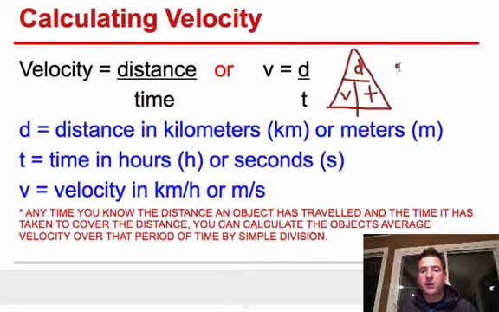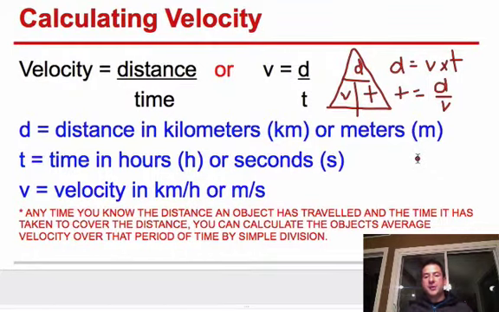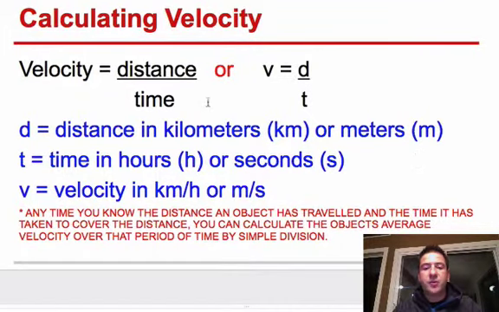If I wanted to know what the distance was, then distance is equal to velocity times time. If I want to know what the time was, time is equal to distance, which is on the top of the triangle, over velocity. So you can manipulate these equations based on that. If you remember that triangle, sometimes it'll help you if it's asking you to solve for different variables.